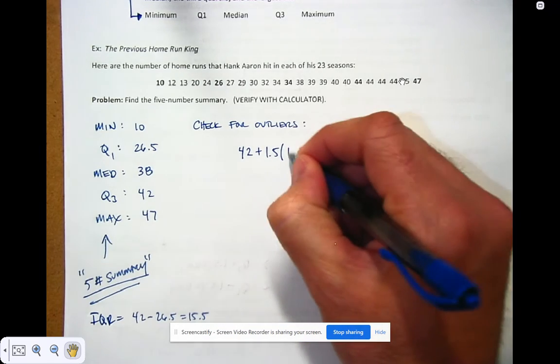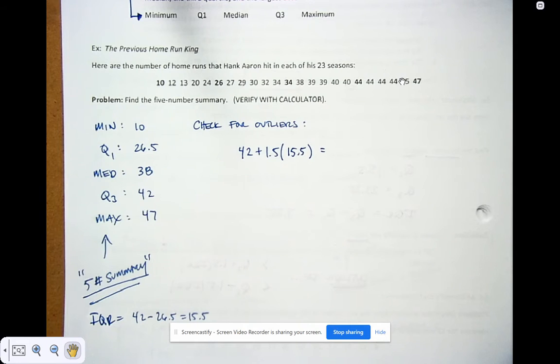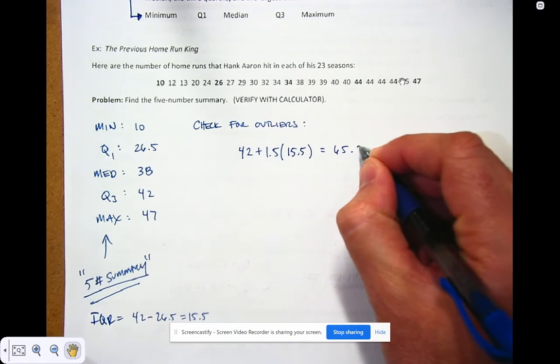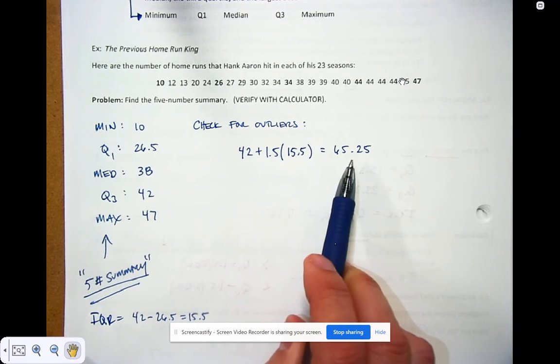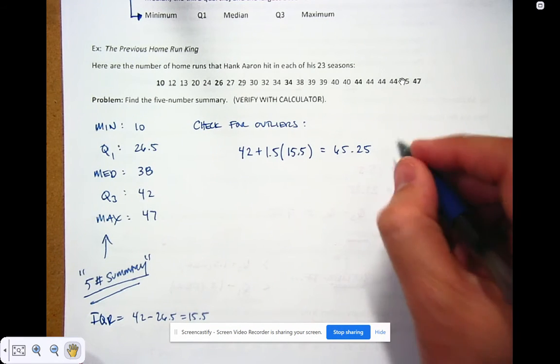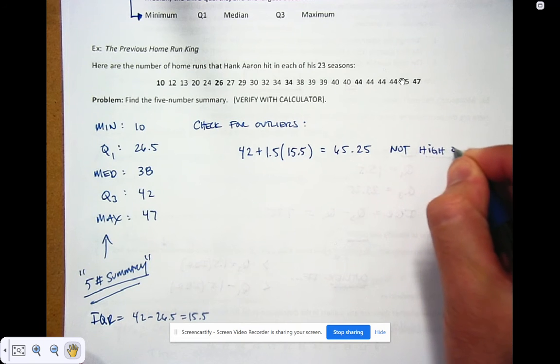So I get 42 plus 1.5 times 15.5, and I get 65.25. So look at your data. Is there any number that's above that? No. So no high outliers.